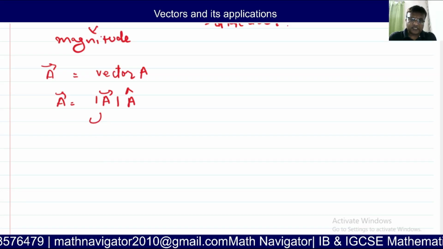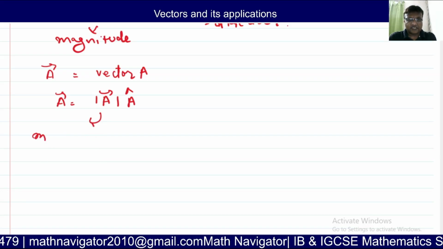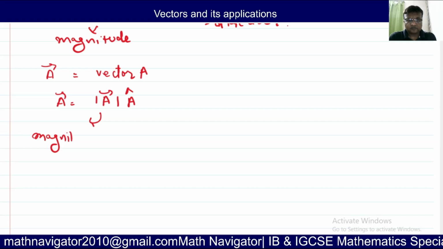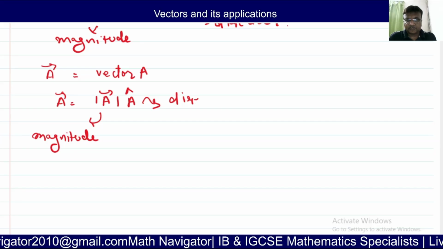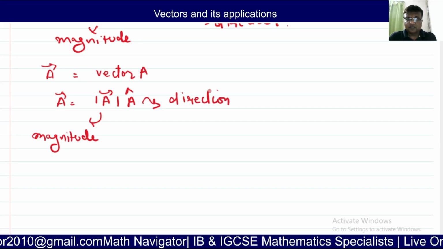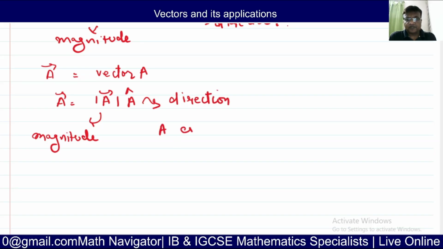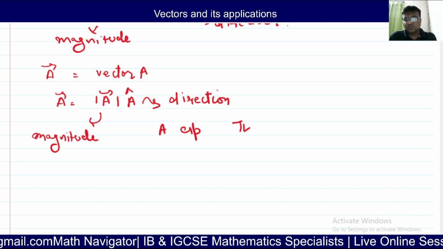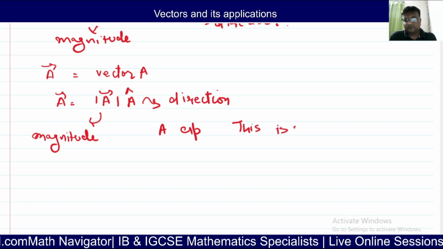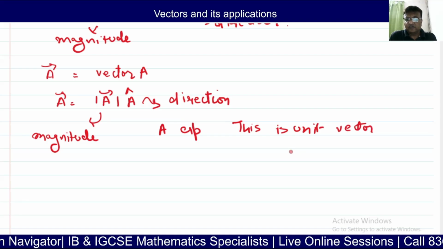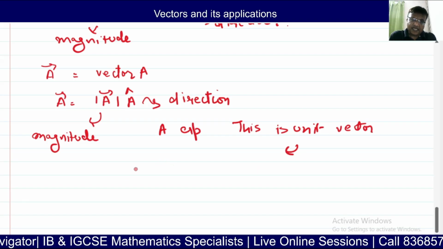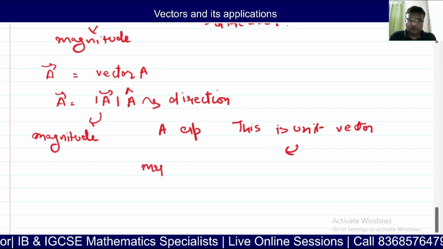This vector A represents the magnitude and this represents direction. This is also read as A cap. This is the unit vector, got it? Unit vector means it is like a vector but has a magnitude of 1.